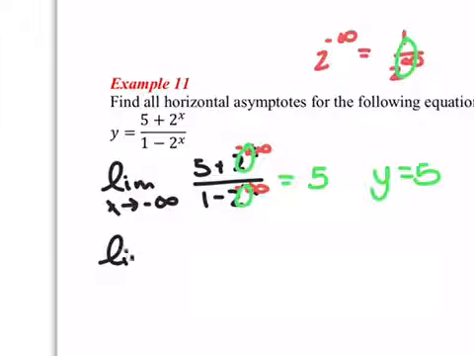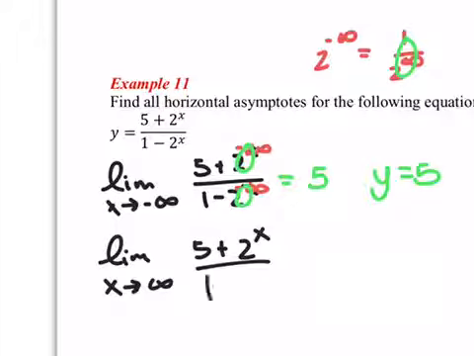On the right side, it looks like we're going to get something a little bit different. As we go to infinity on the right, these two values are really going to do nothing for us, right? They're finite values that in the end won't do a whole lot for us.